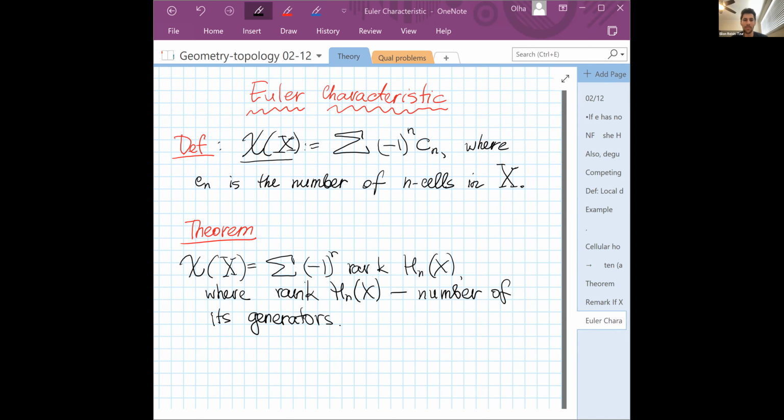Yeah, the number of Z summands, so you look at the free part. And you could check this: if you compute the homology of RPn, you'll quickly see that it has to be this.